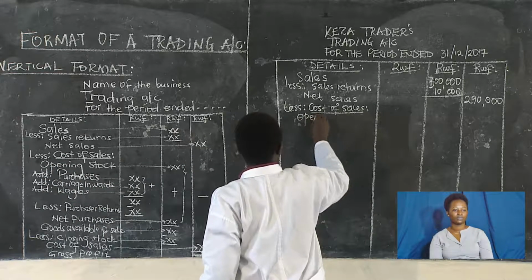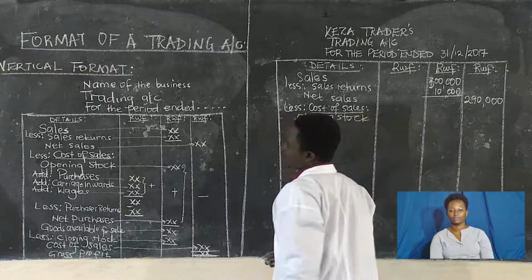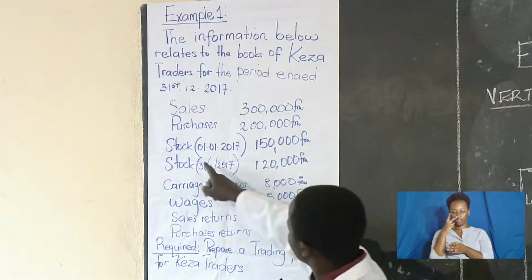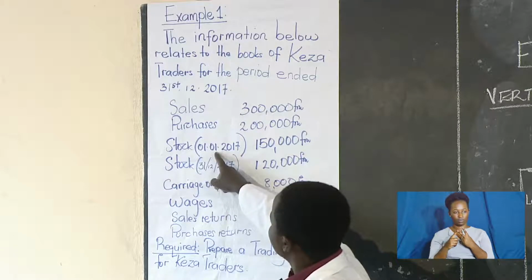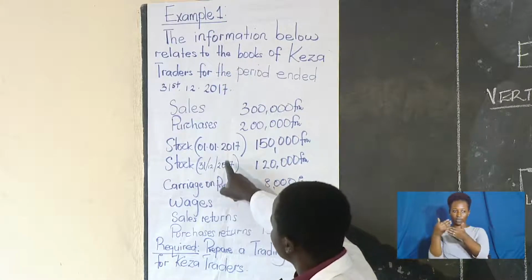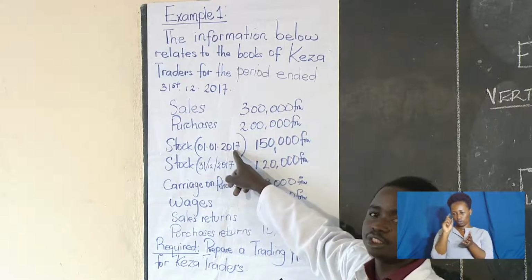Tell me, what is the opening stock? From the question that we have, you must look at this. We have two: stock 1st of January 2017, then we have stock 31st of December 2017. So this becomes the opening stock of this trading period.